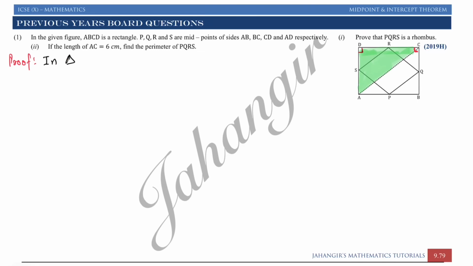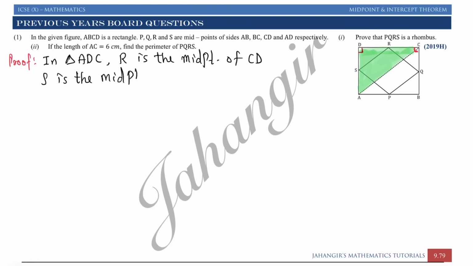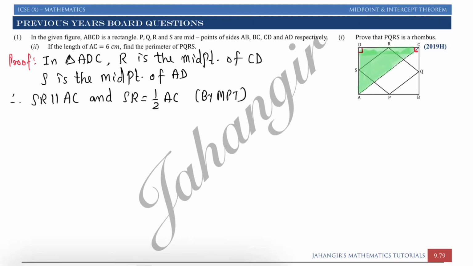In triangle ADC, R is the midpoint of CD, S is the midpoint of AD. So therefore we can say SR is parallel to AC and SR is equal to half AC by the midpoint theorem. This is the first case.